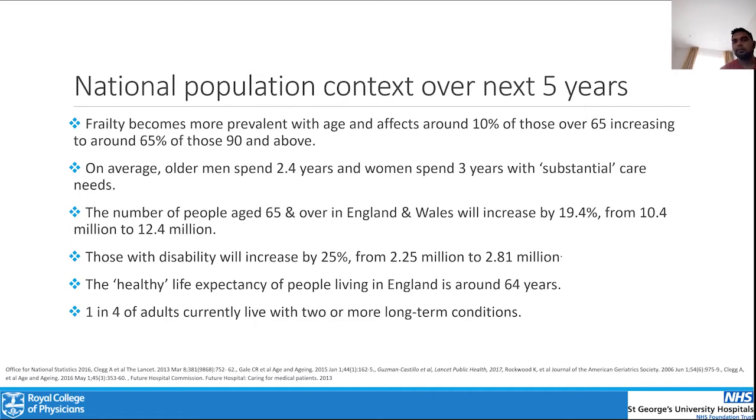So, for example, those living with disability will increase by about 25%. And so the healthy life expectancy of a person living in England will be up to around 64 years. And you can see there that 1 in 4 adults are currently living with 2 or more long-term conditions. So this is something that is going to be a more common presentation to us as clinicians looking after our patients.